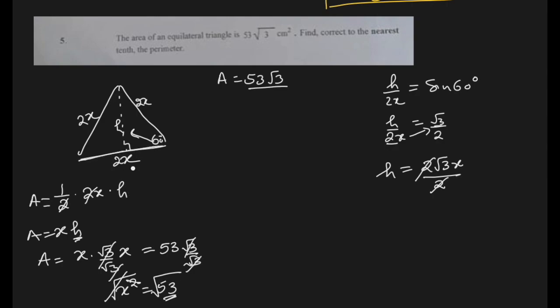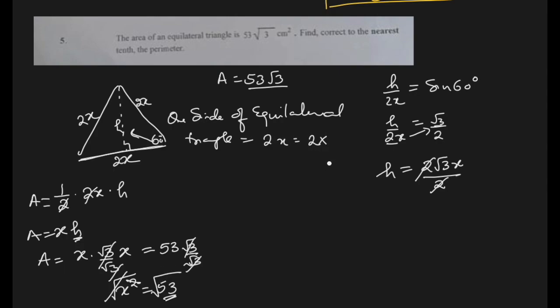2x will be those, so I can write here, one side of the equilateral triangle is 2x, right? So 2x, which is 2 times, we got the value of x, square root 53.